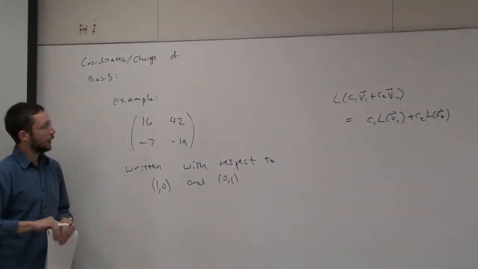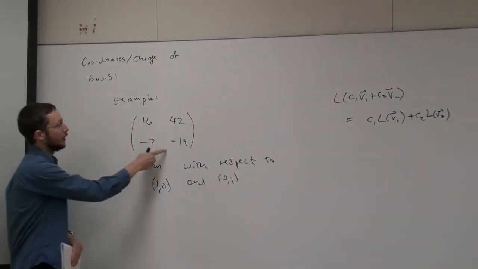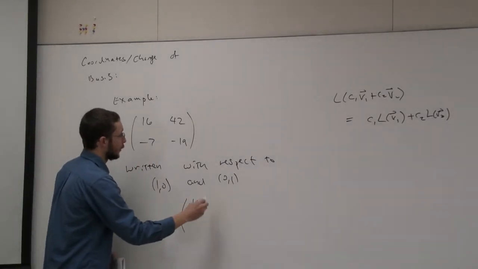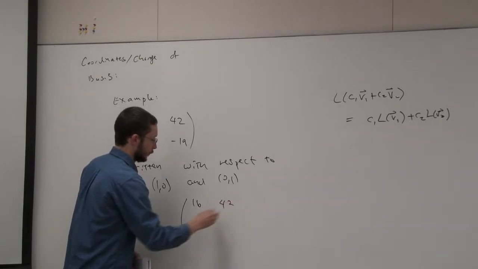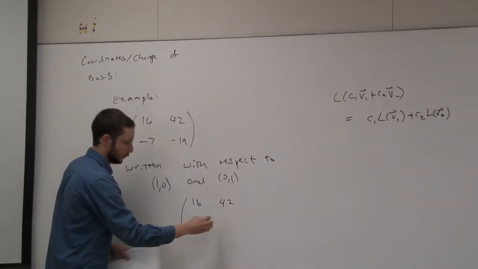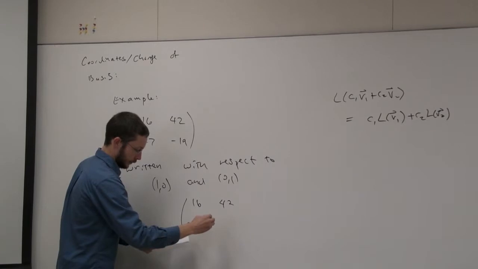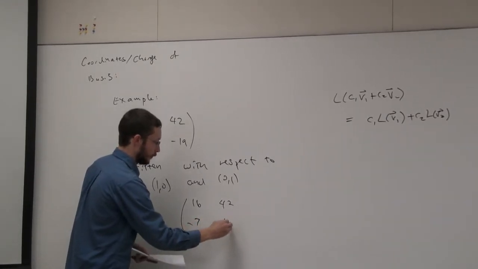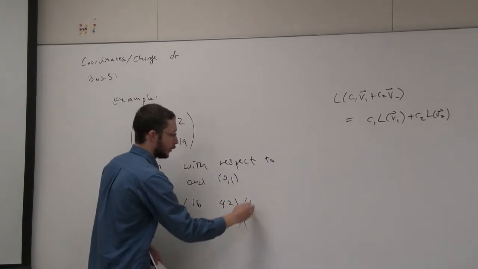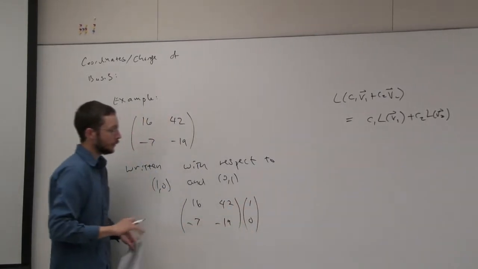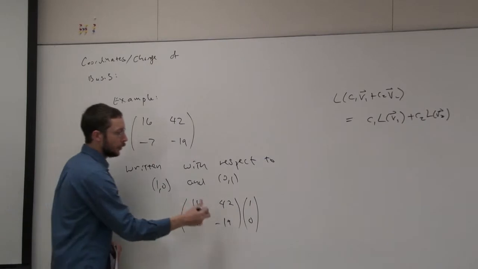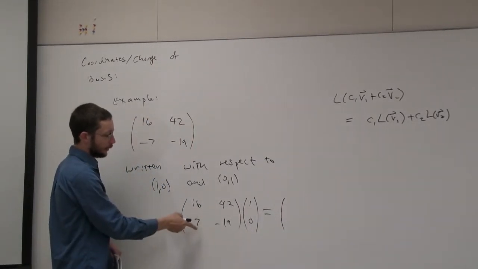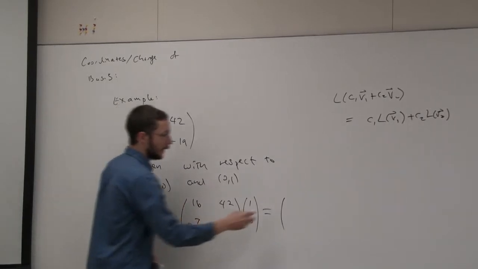If we were to have this transformation operate on a vector, something like (1, 0), then just doing this matrix multiplication, you'd end up with basically this column as your answer, (16, -7).